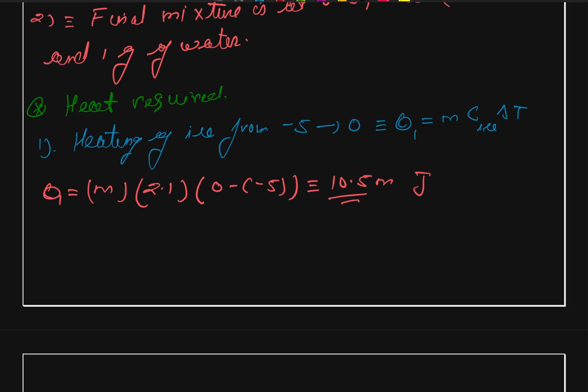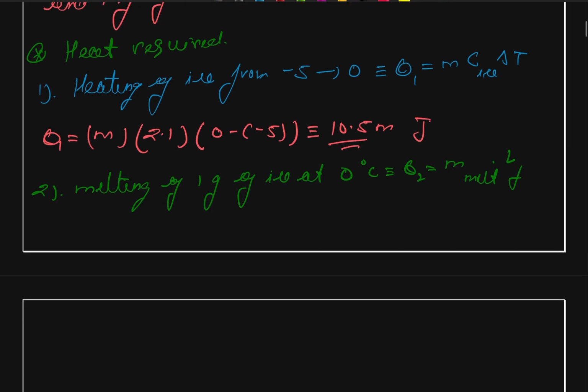Now we come to our second step. The second step will be melting of 1 gram of ice at 0 degree centigrade, and let us suppose that heat is Q2. So Q2 will be equal to the mass which is melted multiplied by its latent heat of fusion.